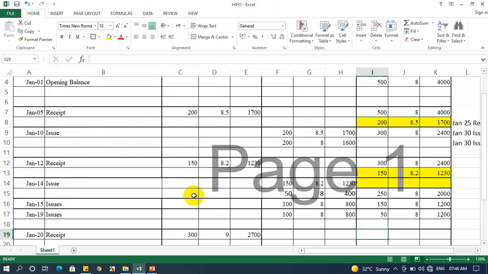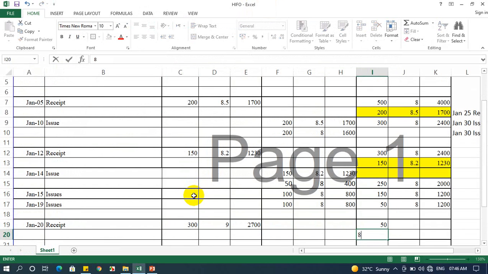Coming to write on balance, before balance is left 50 units at the rate of 8, it will become 400. Pardon me, this 400 is 50 multiplied by 8. New balance which is coming is 300, rate is 9, it will become 2700, right?